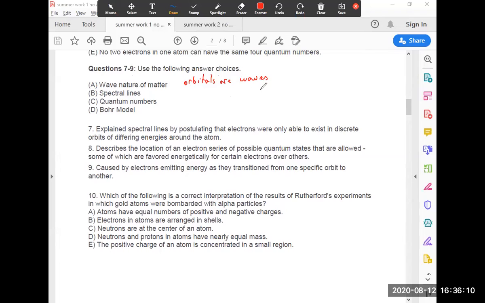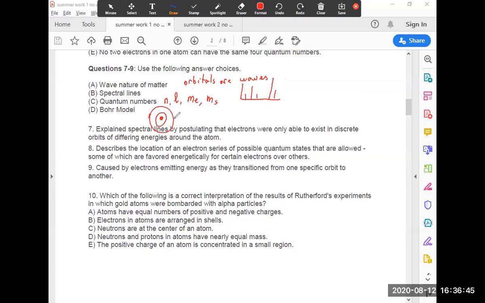So the spectral lines are the absorption lines, for example, of the atom. And then quantum numbers: you can have the quantum number n for the level of energy, you can have the orbital shape, you can have the ml that tells you which of those shells you're talking about, and then the spin. And then we have the Bohr model, the ugly atomic model with those rings.